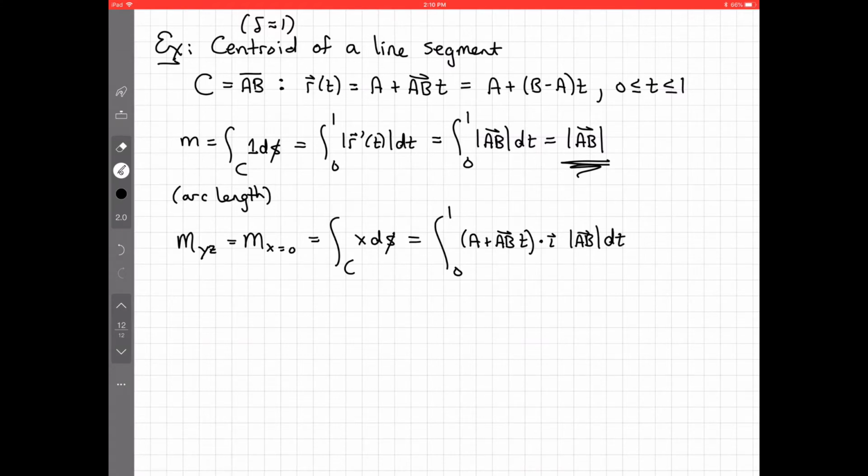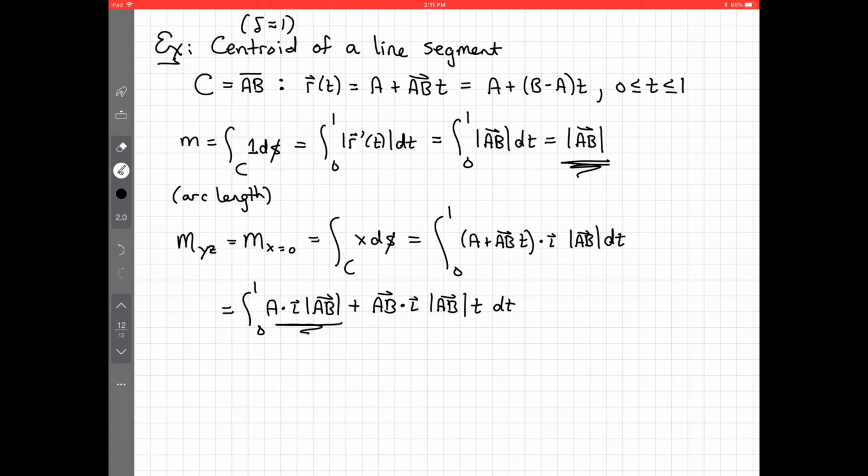Okay. Well, let's use the fact that the dot product is bilinear, using the distributive property. So we have A dot i times the length of AB, plus we have AB dotted with i times the length of AB times t dt. All right, now we need to integrate this from 0 to 1.